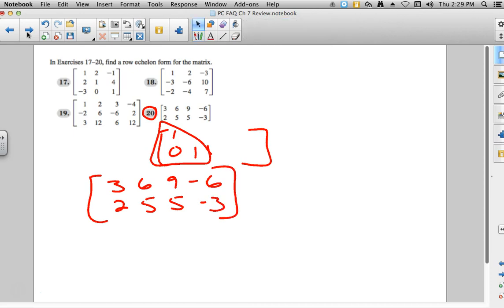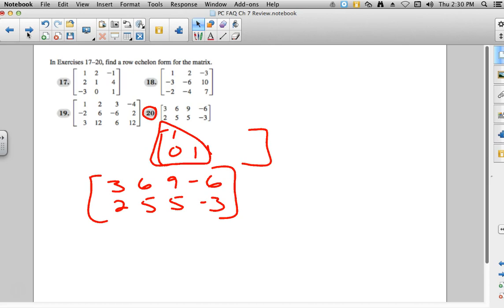Two ways to go with this. The first thing I thought of was across the top there, all of those easily divisible by 3. I mean, we could take 1/3 times everything in that row, and that would give us a 1 in that first position. So we could definitely do that. Other things we could do. Well, we could try and get rid of the 2 right away by figuring out how to use the matrix row operations to get that to happen.